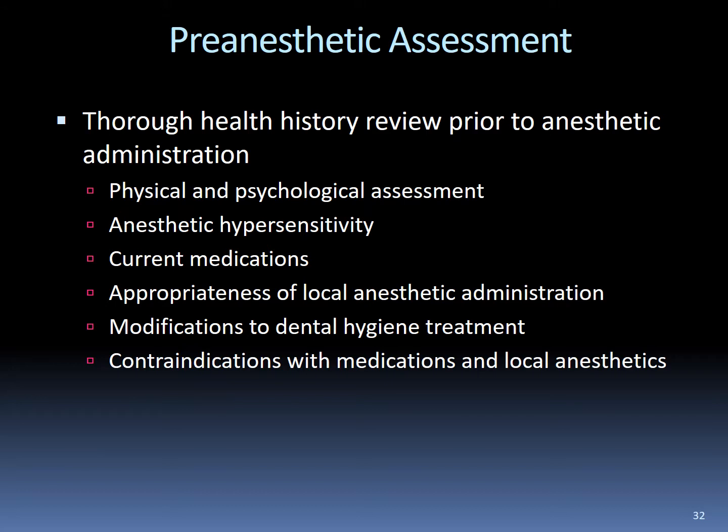We must review the current medications. We must make sure that these medications do not interfere with the selection of our local anesthetic agent. And we must modify our hygiene treatment if we are limited to the amount of drug we can administer. We must know any contraindications with the medication or the conditions that the patients may have with the administration of local anesthetics.